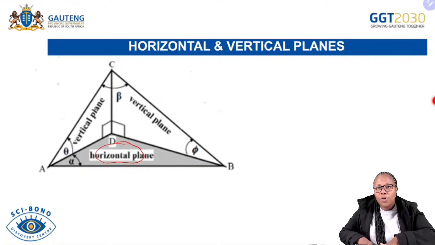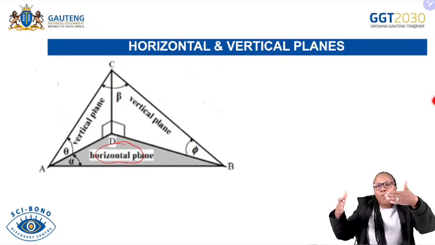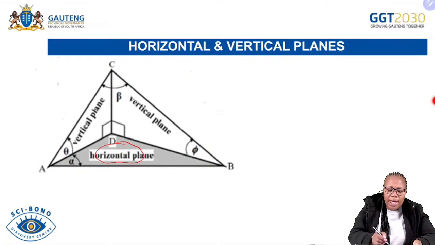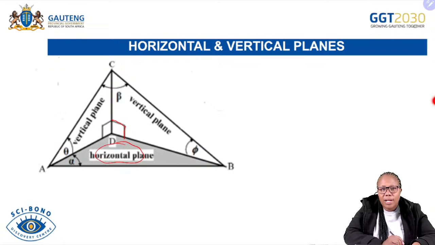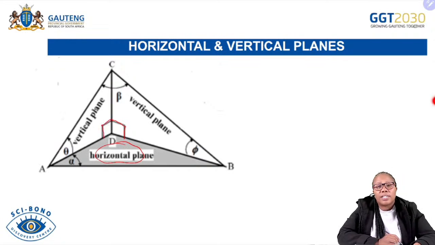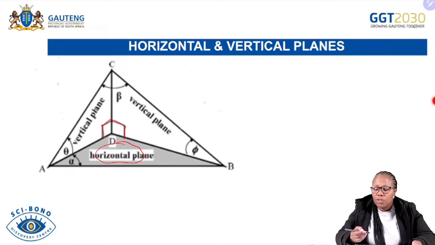The floor will be your horizontal plane, and the walls on that corner will be your vertical planes. These are forming 90 degrees to the horizontal plane. As you can see, we are having 90 degrees. A good example is to use a corner of the house, the inner part of your house, in reference to the floor and the walls. Then they will give you the horizontal plane and the vertical plane, grade 12.